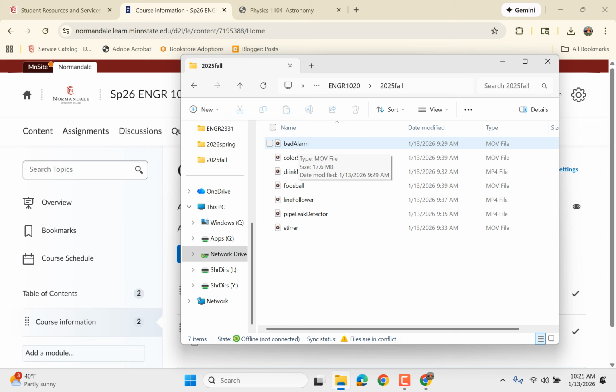So this first one is small. It was sort of like a prototype thing, not a full size thing, largely just because of how awful it would be to try to lug a bed back and forth into class. But it used weight sensors and things. So it was an alarm that, like, if you try to turn off the alarm and then get back into bed, it'll go back on and that kind of stuff.